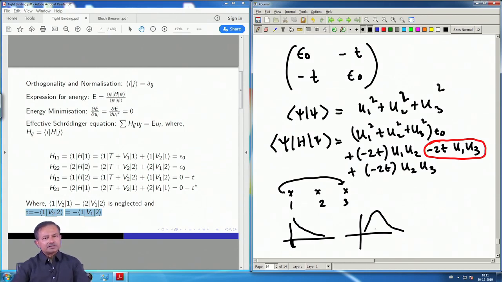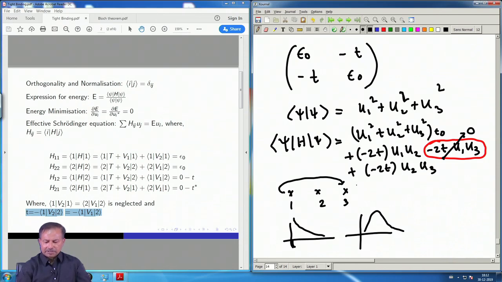So, the interaction between an orbital at a particular site and its nearest neighbor is much stronger than between this one and its next nearest neighbor. So, 1 and 3 almost barely talk to each other. So, for the time being I can just throw out this term, right. The terms u1 u1, u2 u2, u3 u3 are there.